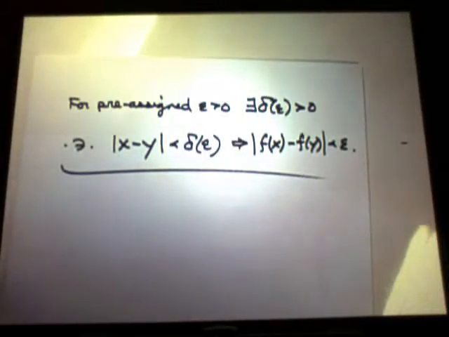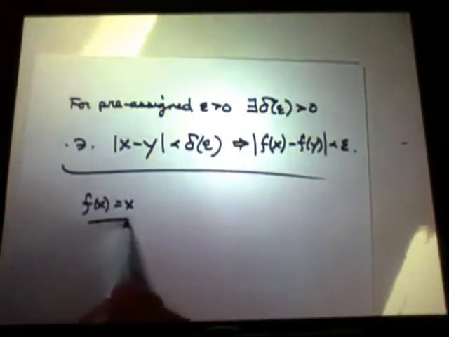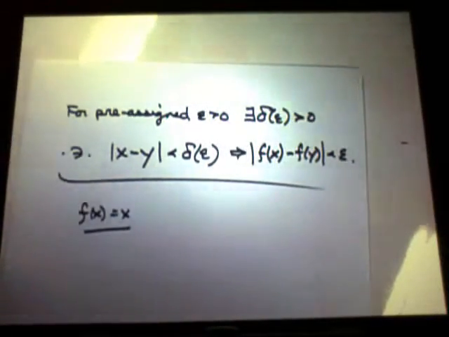So a constant function, for example, is trivially uniformly continuous on the entire real number line, right? How about the function f of x equals x? Is the domain of uniform continuity there the entire real line?